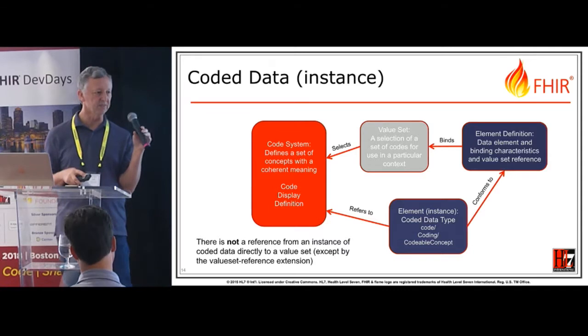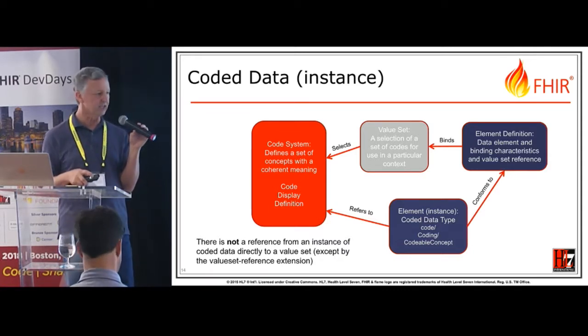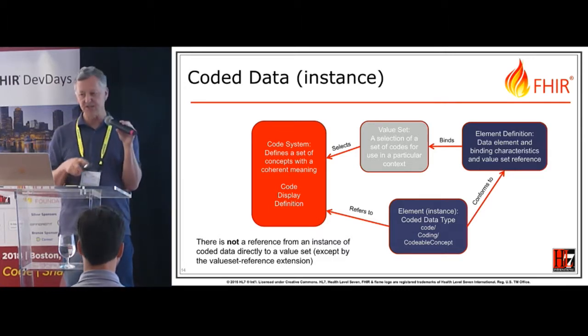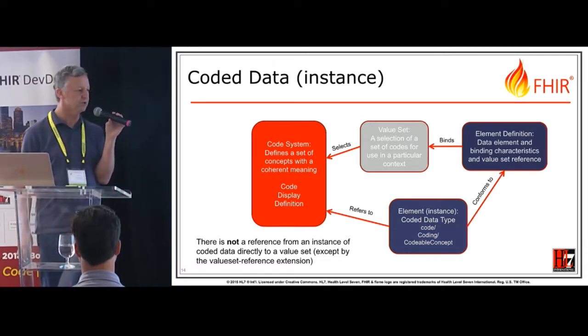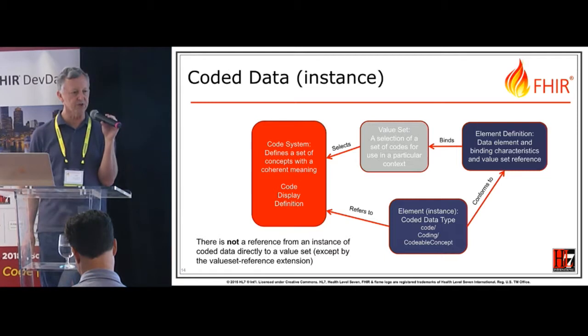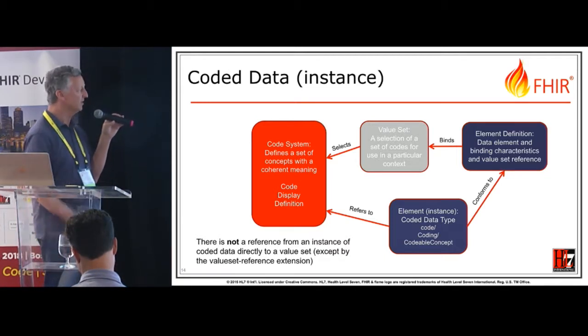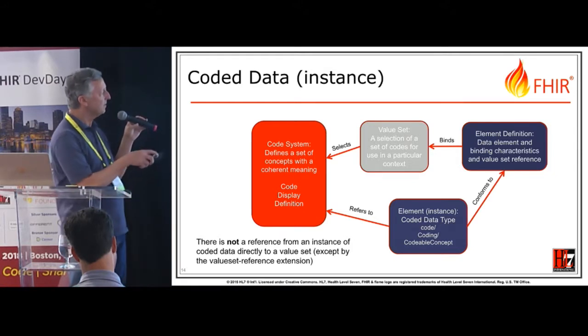It's where we hook the information model to the terminology model, and we take an element in a FHIR resource, and we say this is the set of concepts or codes in some terminology that you want to use for this particular element. And we can do that with a few nuances, which we'll talk about in a second. But this is where we do that.